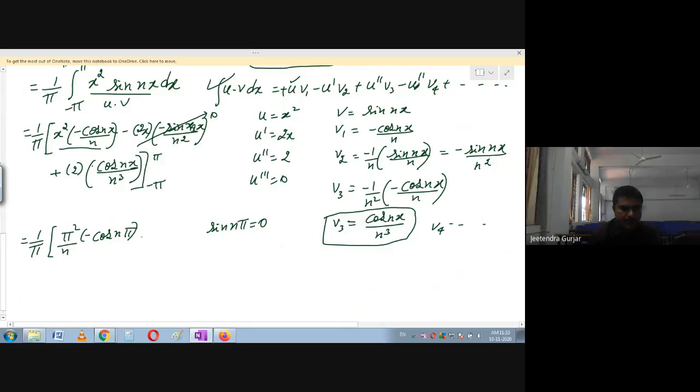This will be continued like this: minus pi square upon n. So I'm substituting minus pi, students. So minus cos n minus pi. First this pi value was simplified, then now I'm going to simplify minus pi. So minus pi square upon n, this is again minus cos n minus pi.